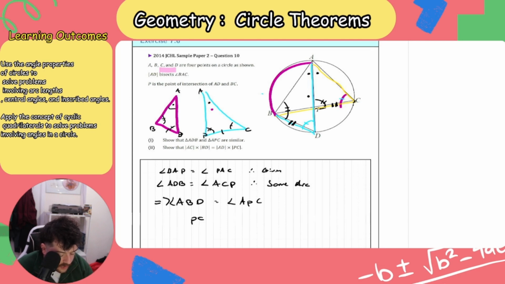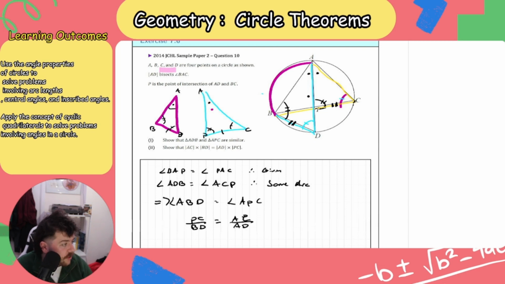So I know PC over BD should be equal to AC, because between the dot and the one line, all over AD.